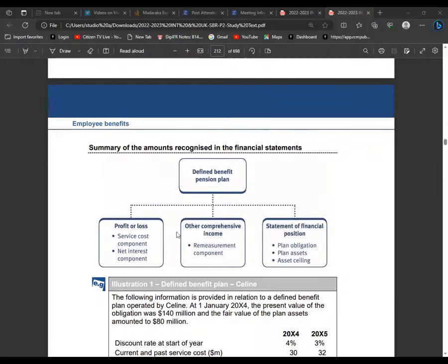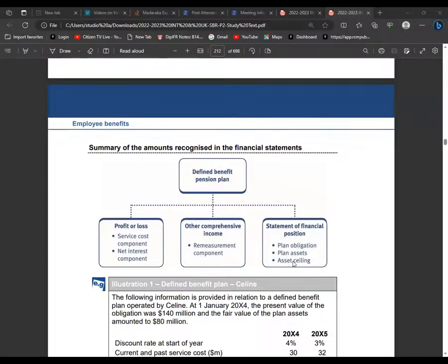For profit or loss, these are very important: you take the service cost component and the interest component. Then we have other comprehensive income, where you take the remeasurement component, which is the actual gain. And then we have the statement of financial position: the plan assets, the plan obligation, or the net of it, and then what we call the asset ceiling.